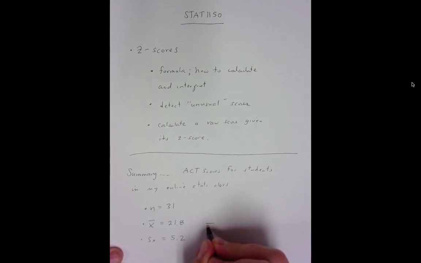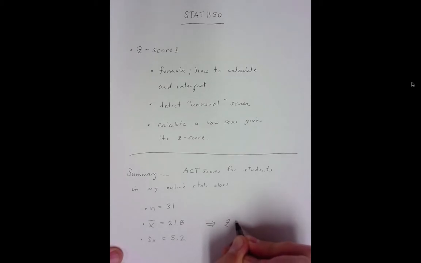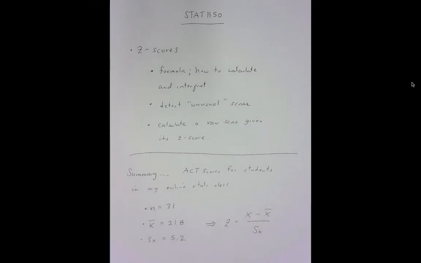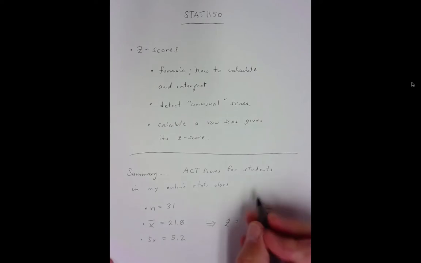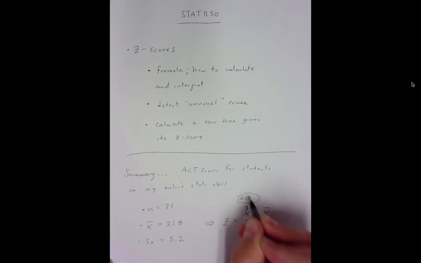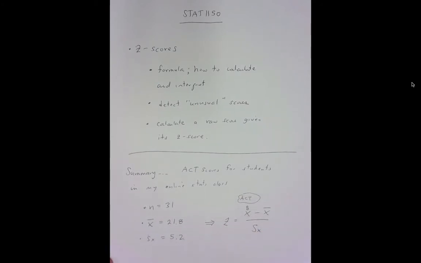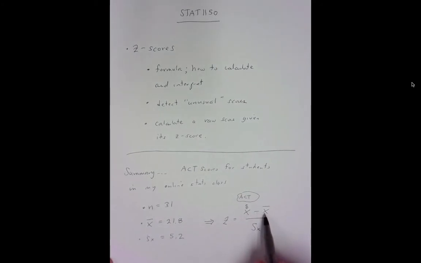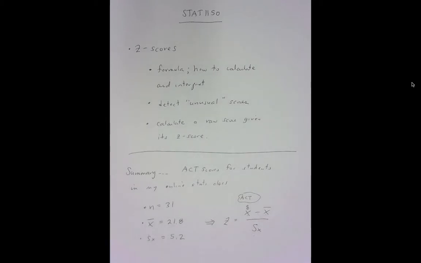Well, put all that together, you get the z-score formula, which is just to take the raw score, which in this example would be a student's ACT score, minus the mean over the standard deviation.